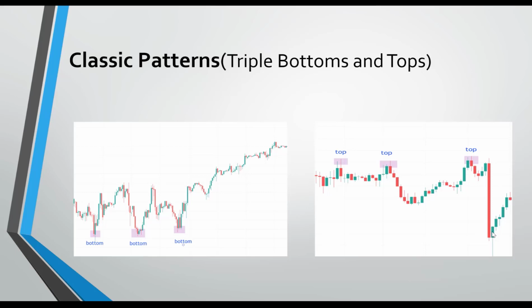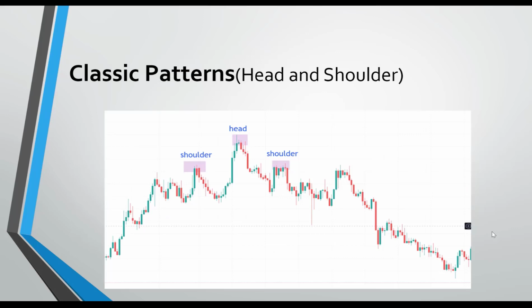All right. The next pattern, which is very popular among traders, is head and shoulders. So why do they call it head and shoulders? Because it is like someone's head and someone's shoulders.